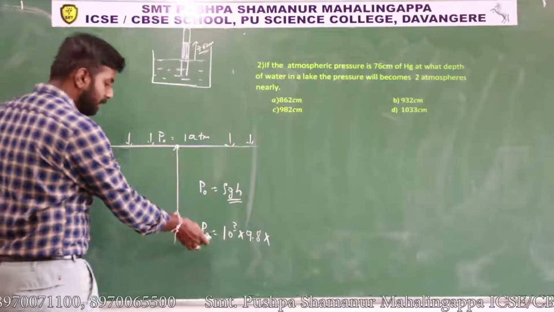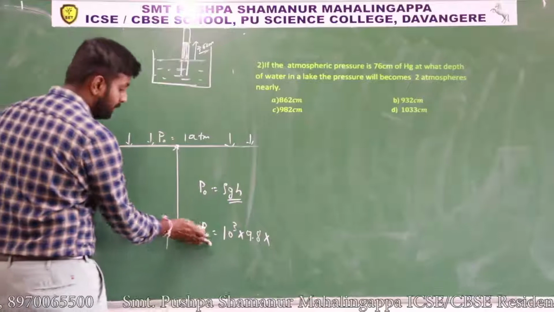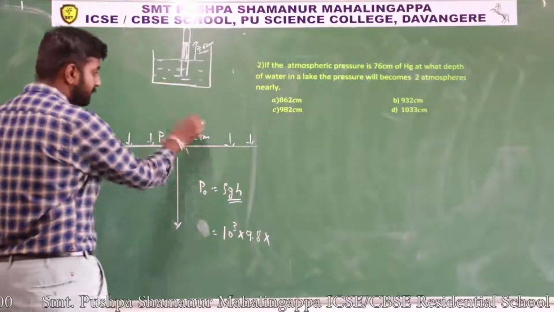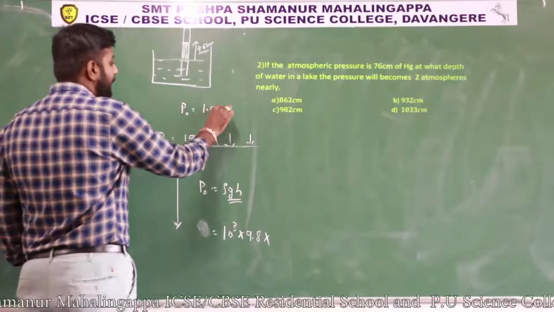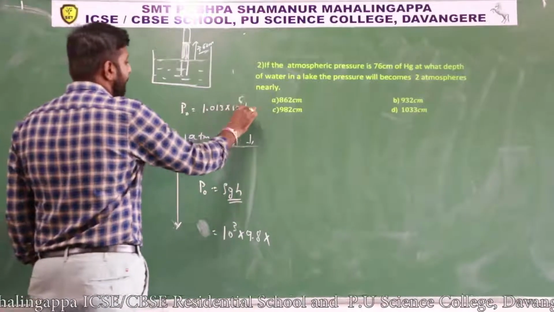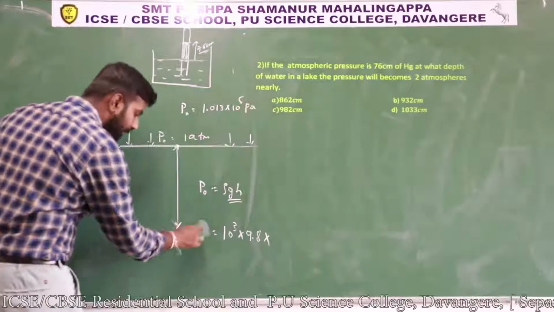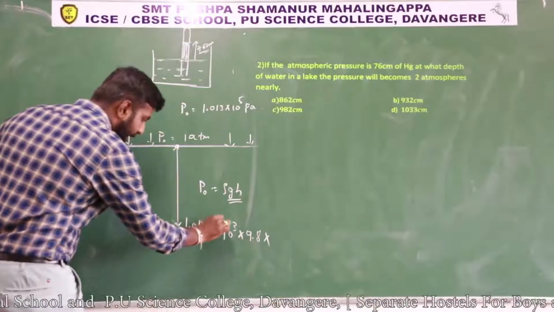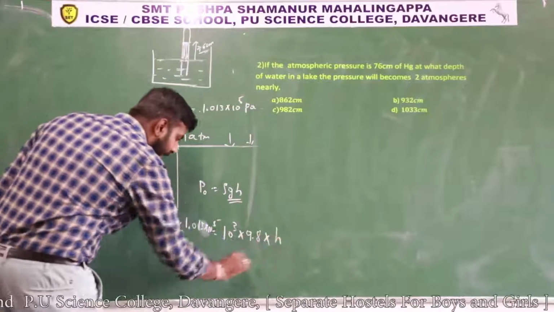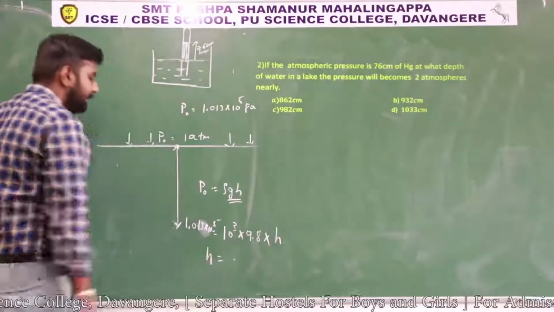And we know the value of P naught is 1.013 into 10 to the power 5 Pascal, right? So substitute that value here, then you can find the value of h.